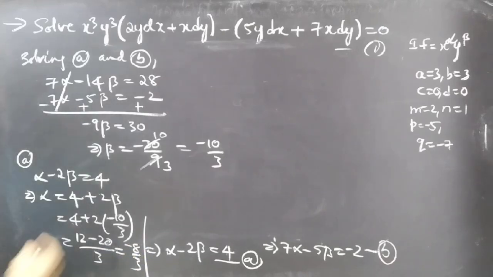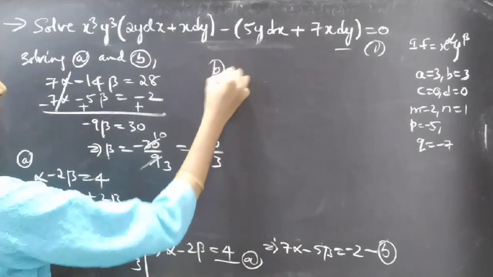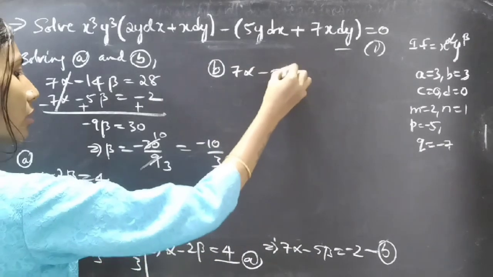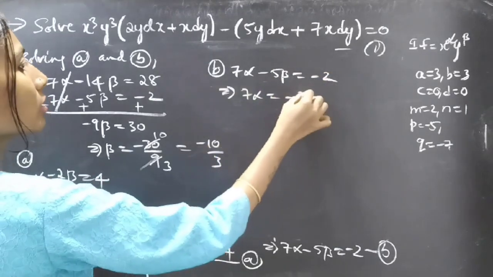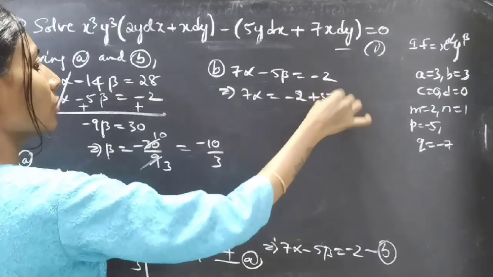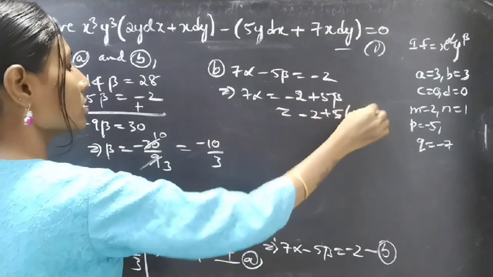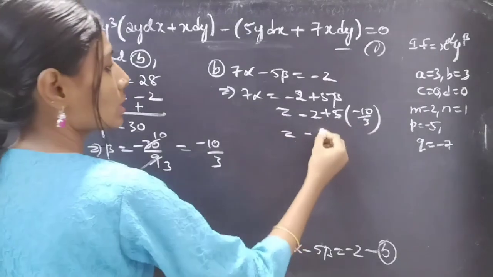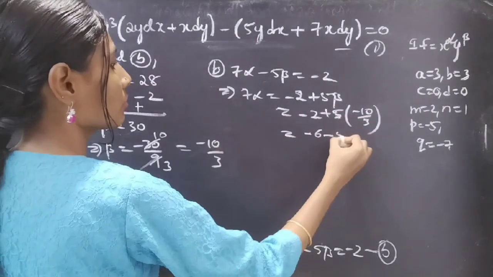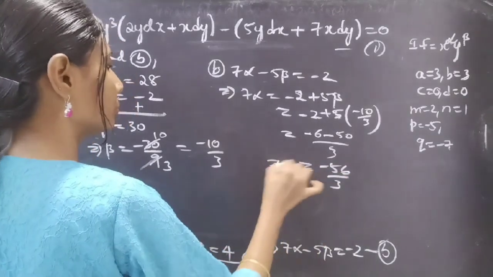Or substitute in equation B. We have B 7 alpha minus 5 beta equal to minus 2, right? We can write this as 7 alpha equal to minus 2 plus 5 beta, which gives us minus 2 plus 5 into beta, minus 10 by 3. We'll get minus 2 3s are 6, minus 5 10s are 50, by 3, which is minus 56 by 3.